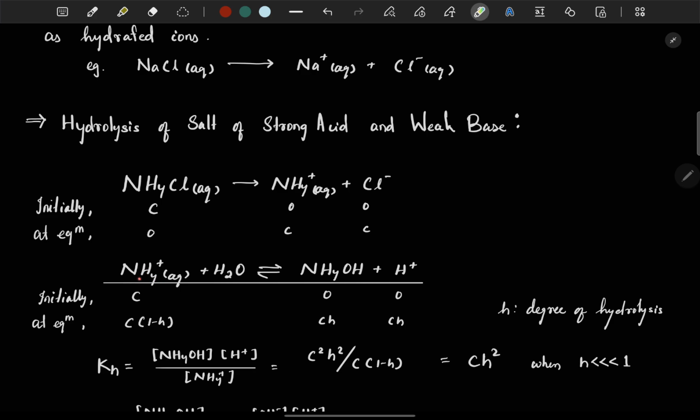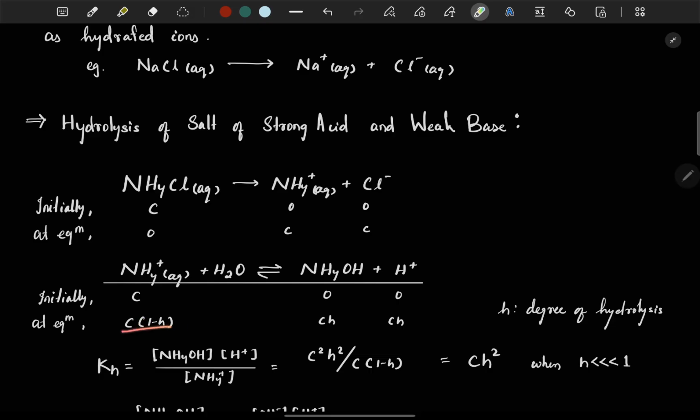So NH4+ plus water will give NH4OH and H+ ion. Initially this concentration was C. At equilibrium, a small amount of NH4+ ion will dissociate in presence of water and will produce NH4OH and H+ ion. This H+ ion is responsible for the acidity of this salt solution.